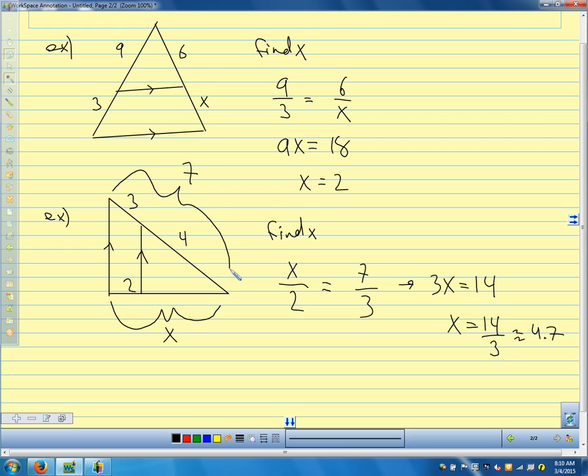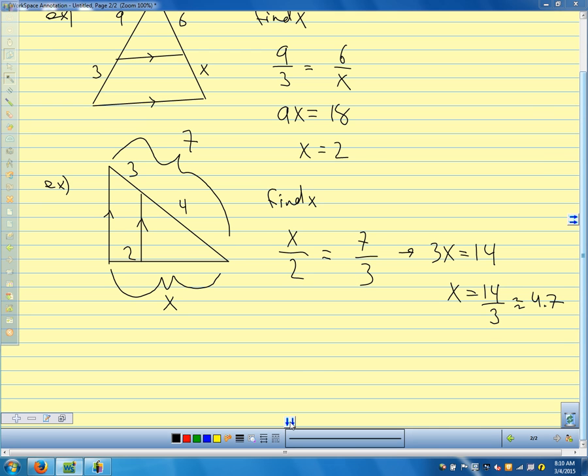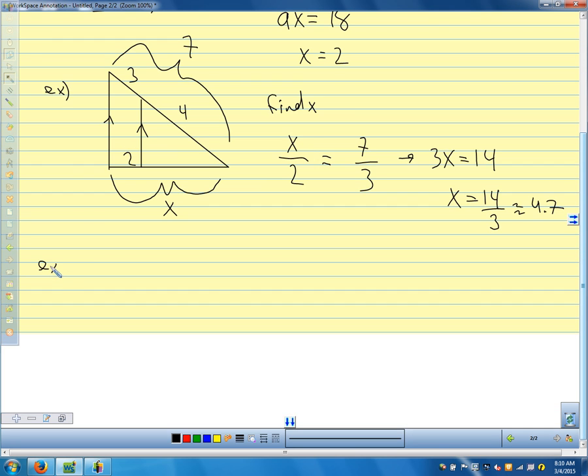All right, let me show you one more where we have to be even more careful, and then we'll talk about a corollary. All right, so there are parallel segments. That should be our clue. Side splitter, setting up a proportion.